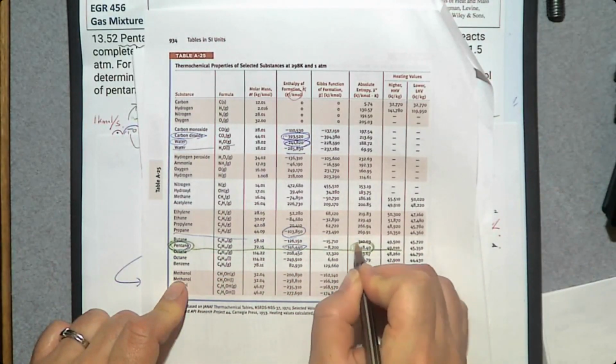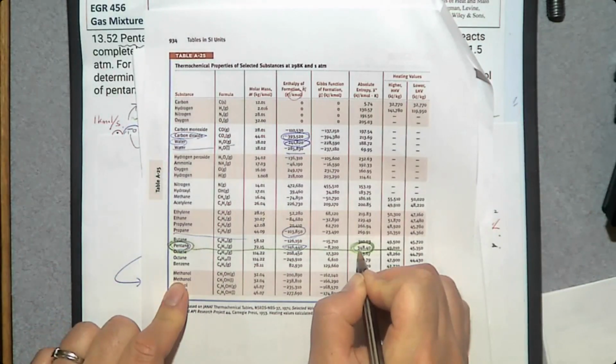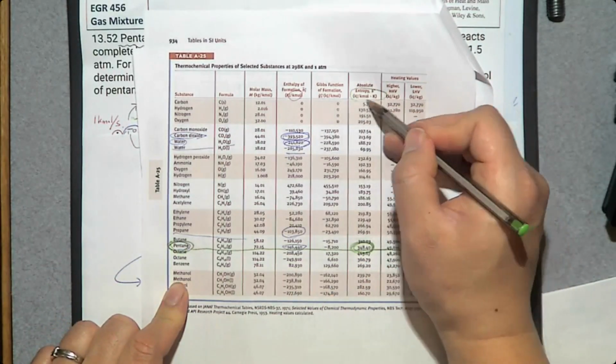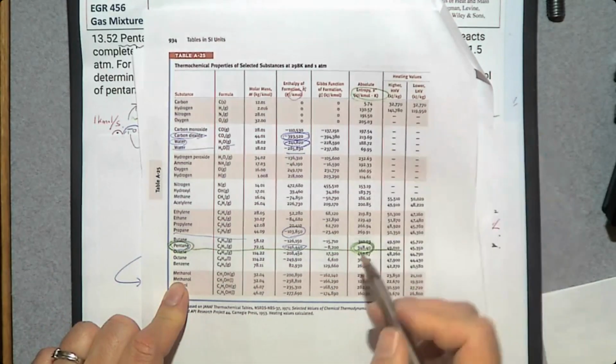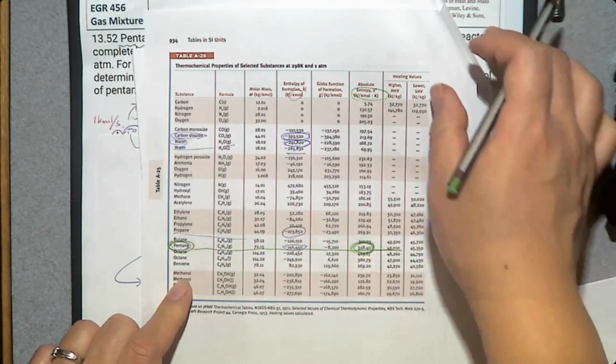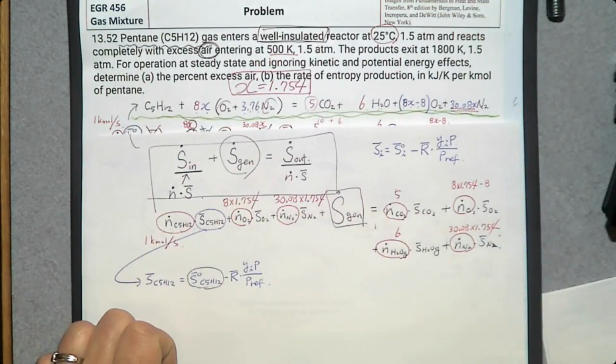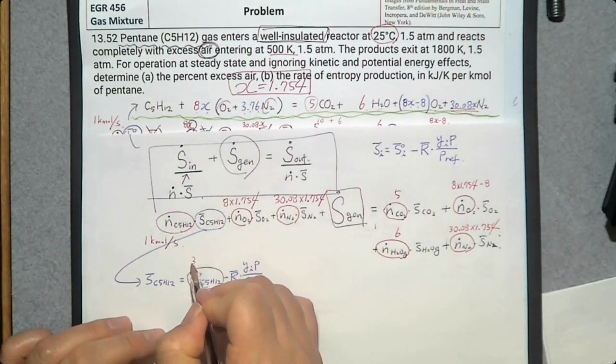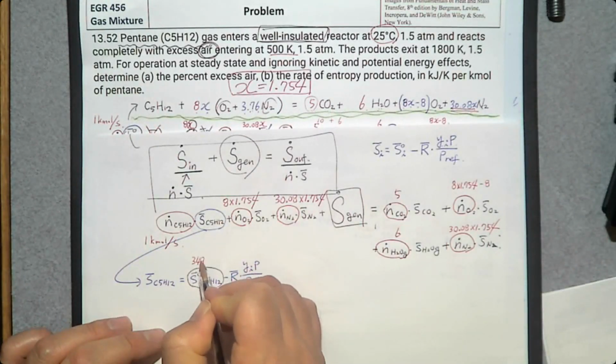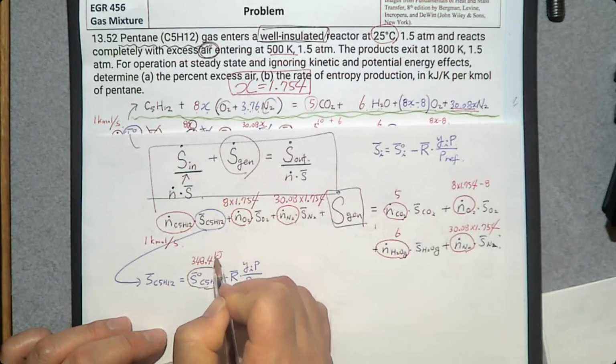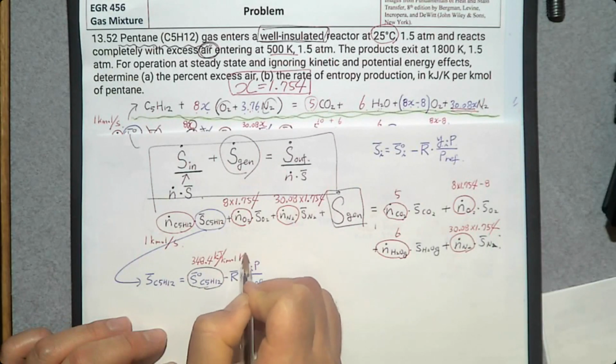Where is it? This one, 348.4. The unit is kilojoule per kilomole Kelvin. 348.4 kilojoule per kilomole Kelvin.